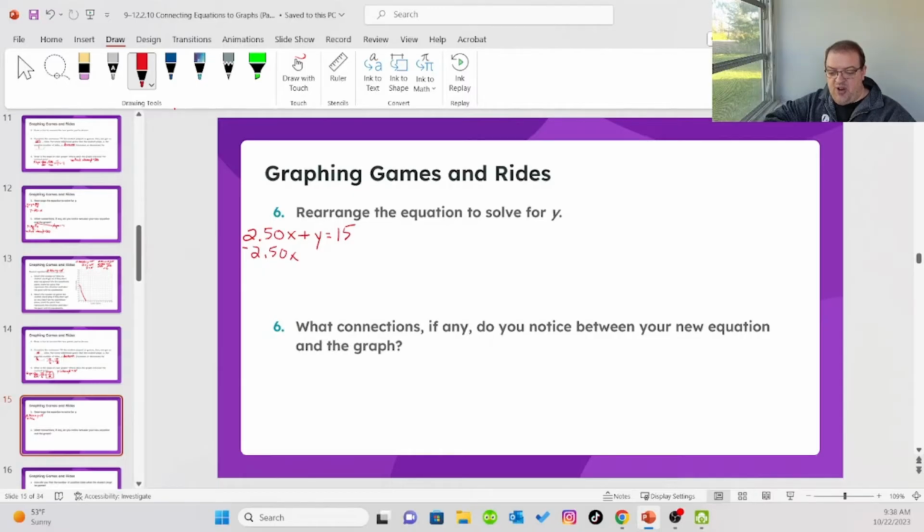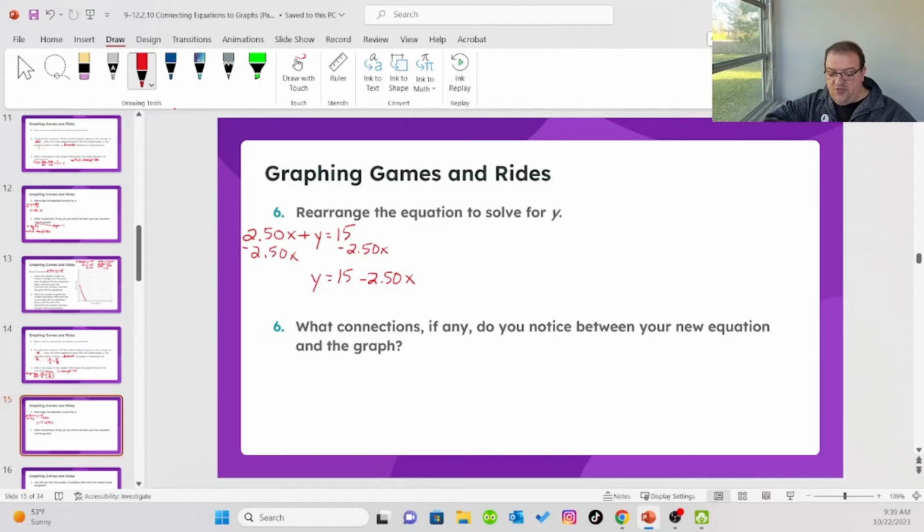But if I subtract it from the left side, I must also subtract it from the right side. Now I have y equals 15 minus 2.50x. What connections, if any, do you notice between your new equation and the graph?